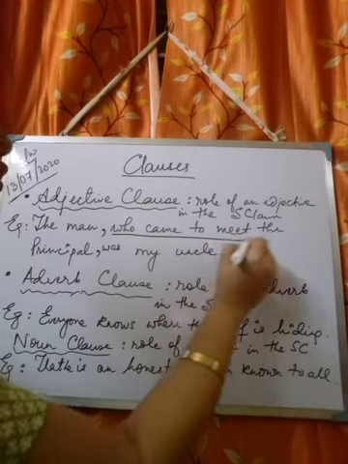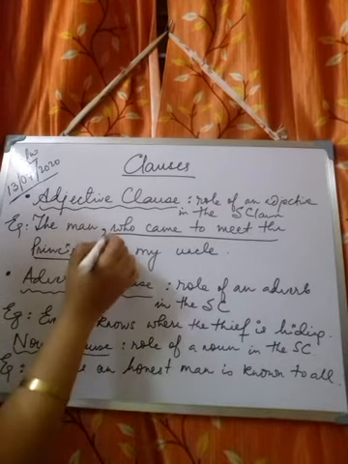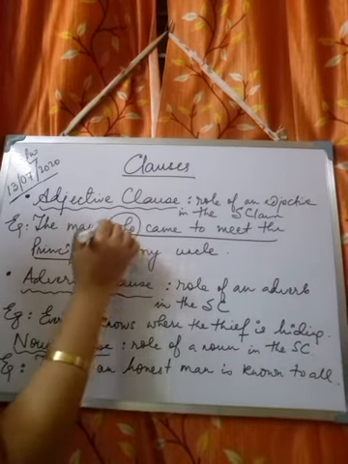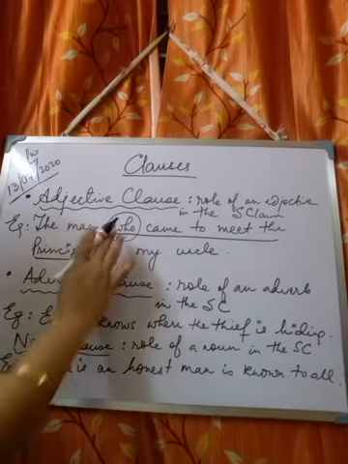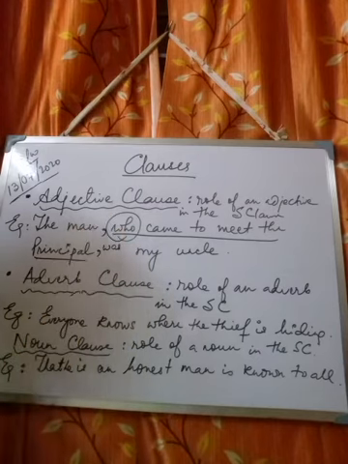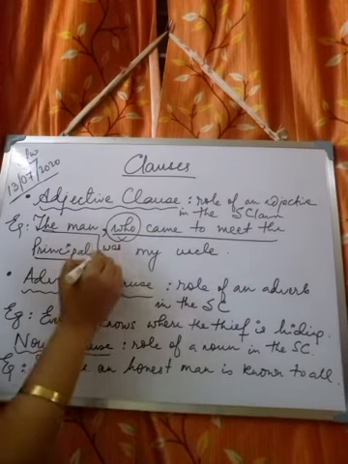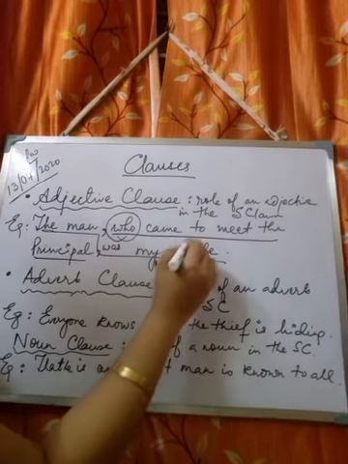Who came to meet the principal. Why is this a subordinate clause? Because this clause begins with the subordinate conjunction who. The rest, the man was my uncle, which makes clear sense, is our main clause.